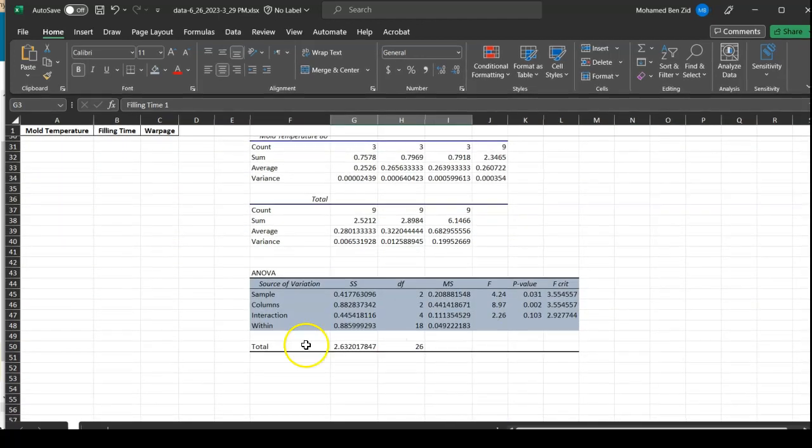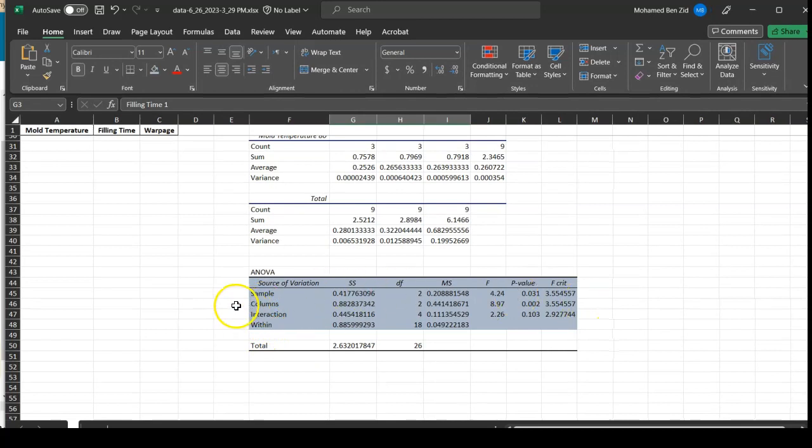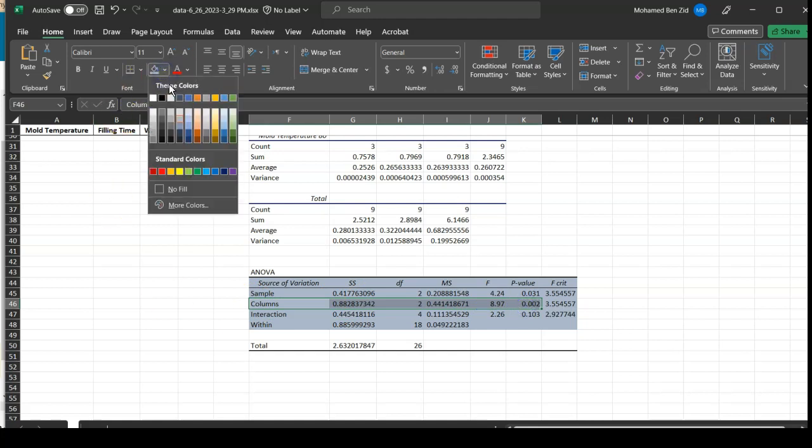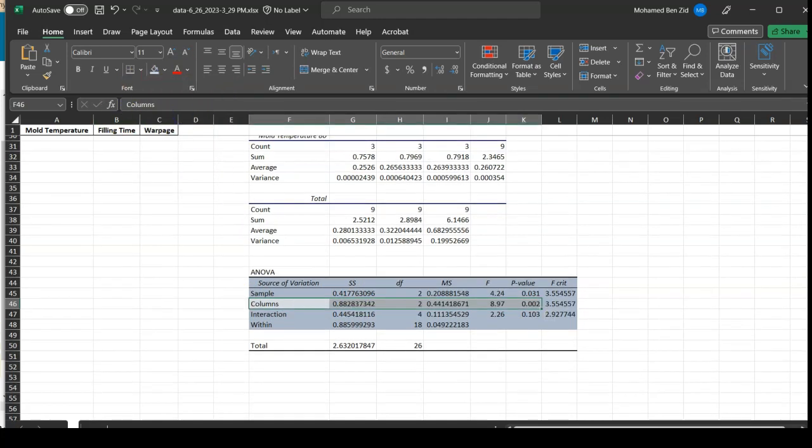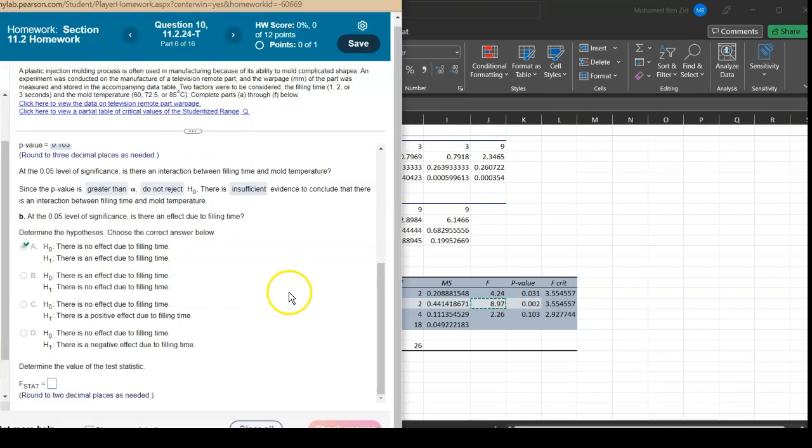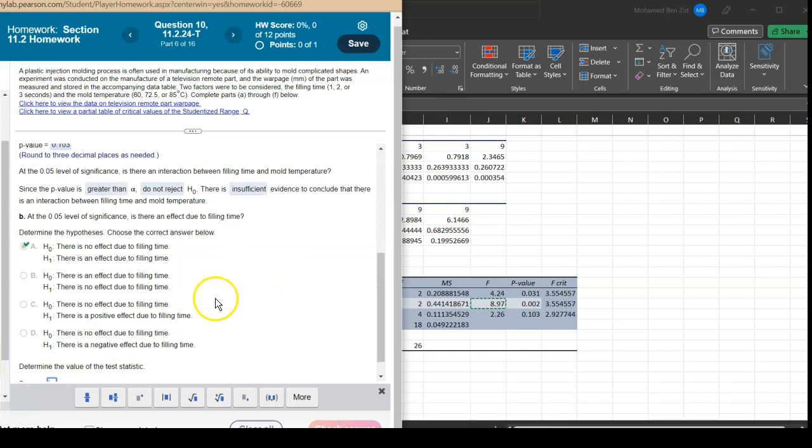So you go to your table again, and you select this row. This is what you want to look at, and this is the column. So for the column, the F value is right here. We can copy it, go back to the question, and paste it in.